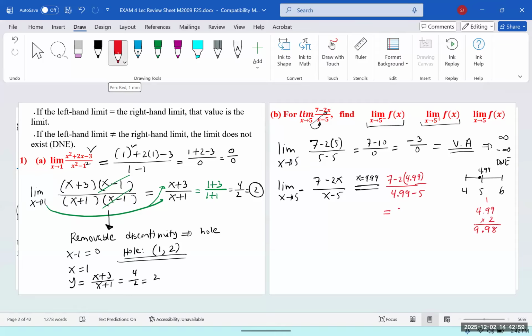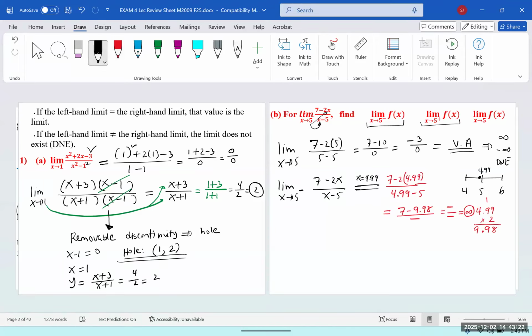So it's 7 minus 9.98, which is negative. And the denominator is negative too. So we have numerator negative, denominator negative, so we have positive infinity. So on the left side of 5, it is going to positive infinity.